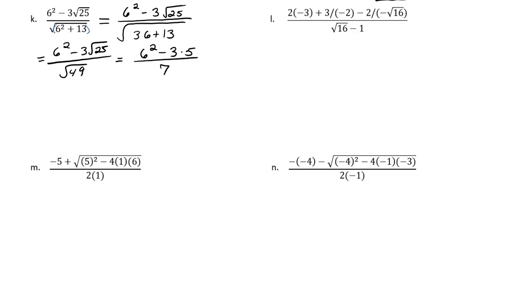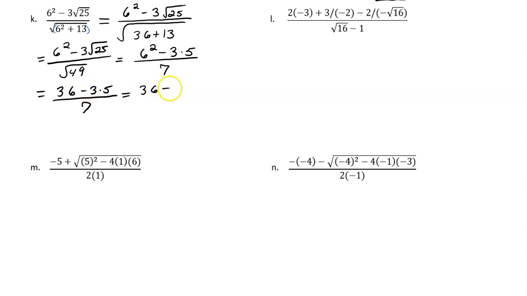Let's keep going. I have an exponent, so 6 squared is 36, there we go, minus 3 times 5, divided by the 7. So now we're doing multiplication in my numerator before I can do the subtraction.